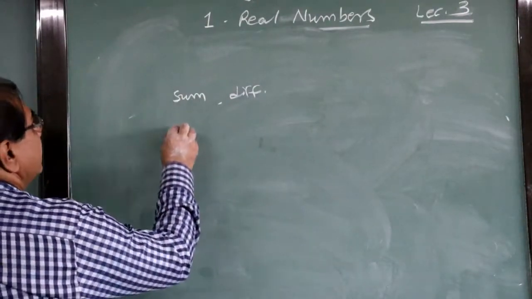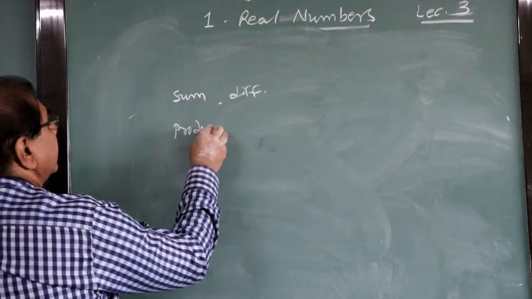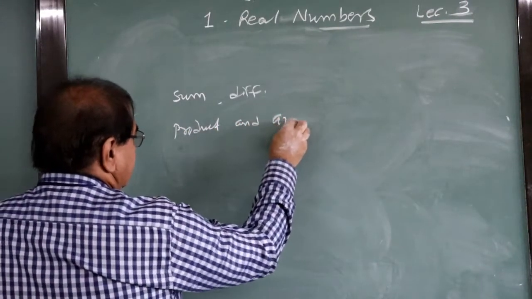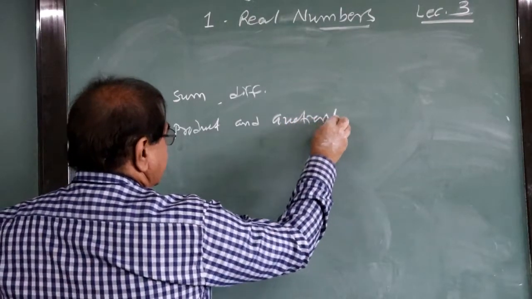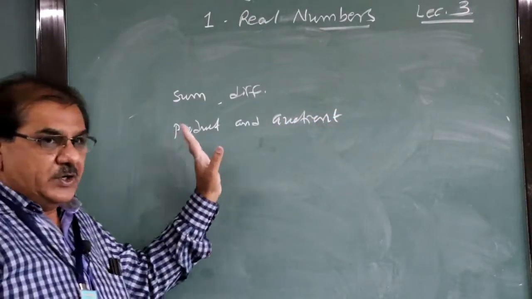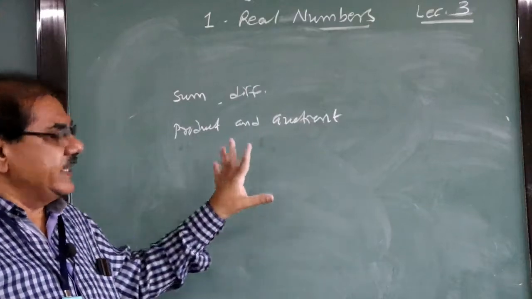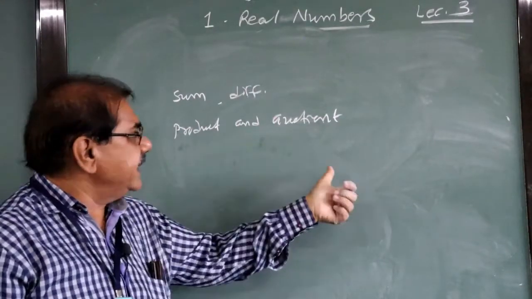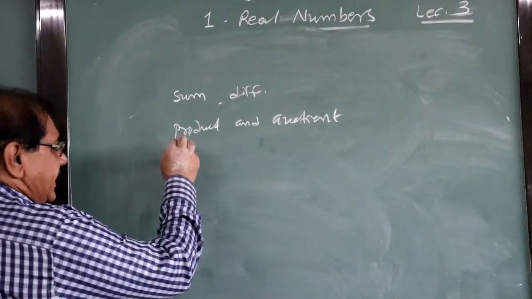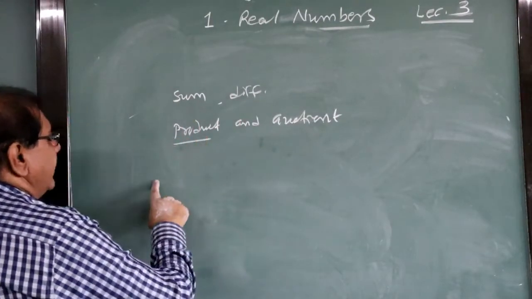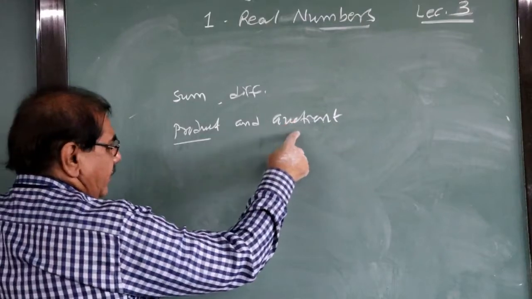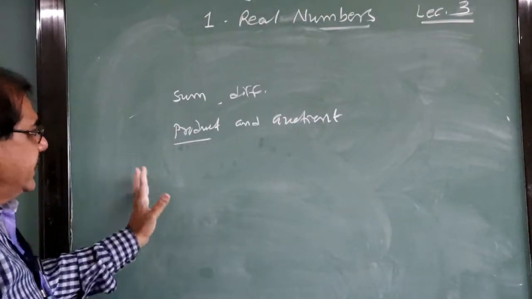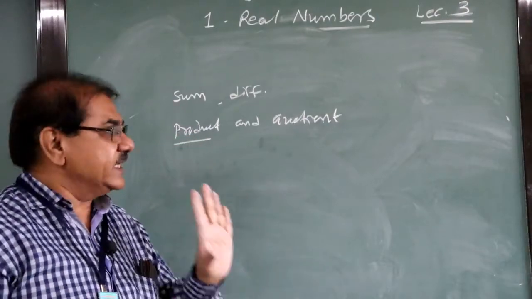In the same way, product, which means multiplication, and quotient, which means division, of a non-zero rational and an irrational is always an irrational number. Okay? So if I take the product or quotient of one rational and one irrational, with the rational being non-zero, then the answer is always an irrational number.